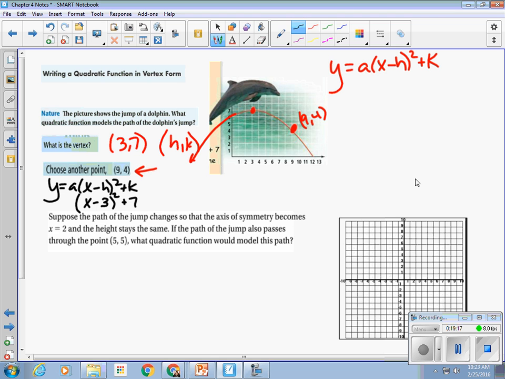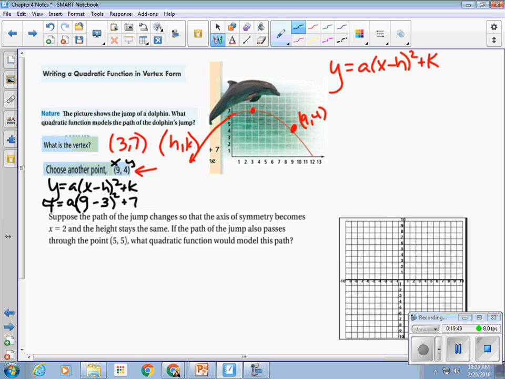Actually, I wrote it, but I want to take it back. We're going to replace the x value with the x value of our point on our curve. So in this case, we're going to replace it with 9. a is an unknown quantity. We don't know what our a value is. And we're going to replace the y with our y coordinate from our point from the graph.